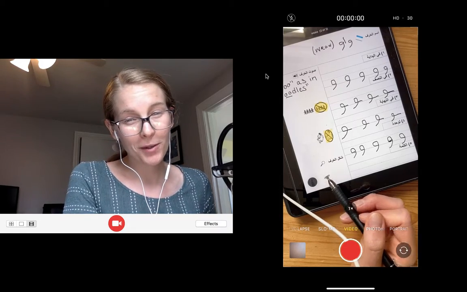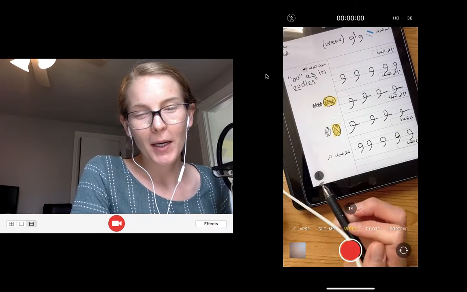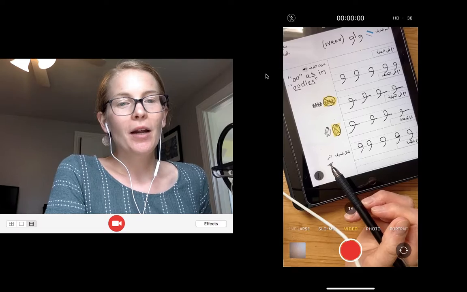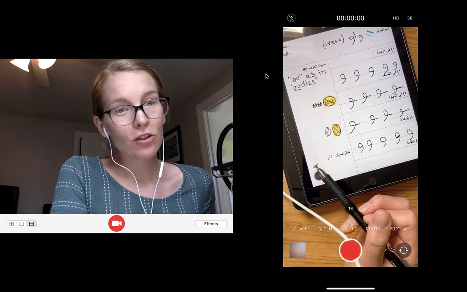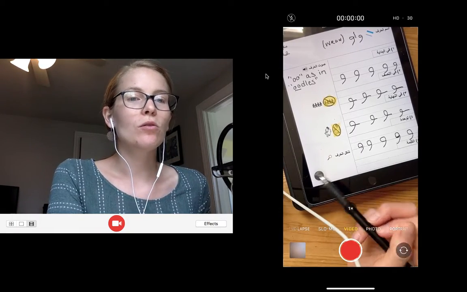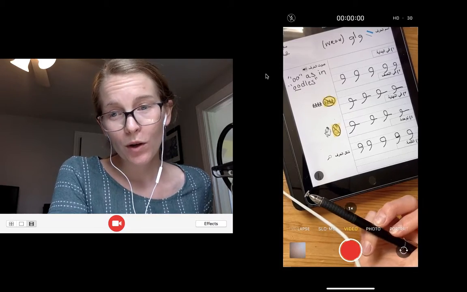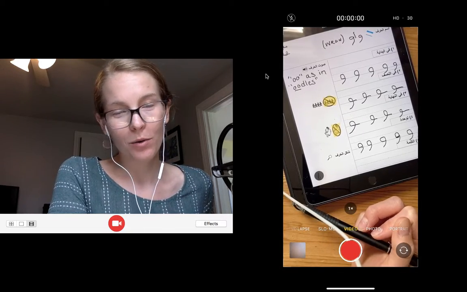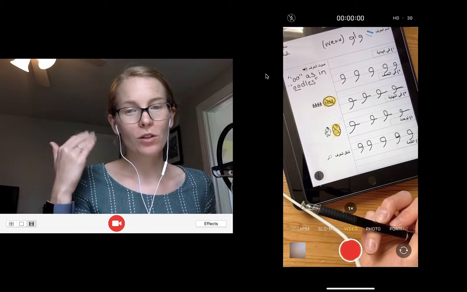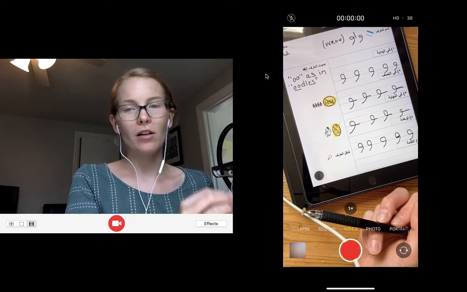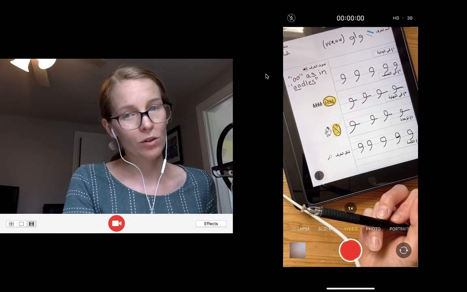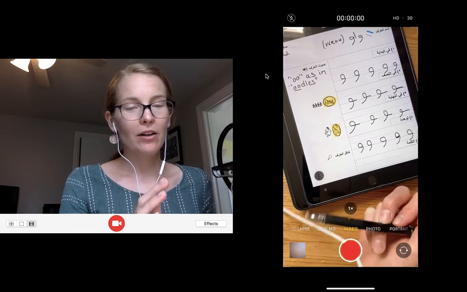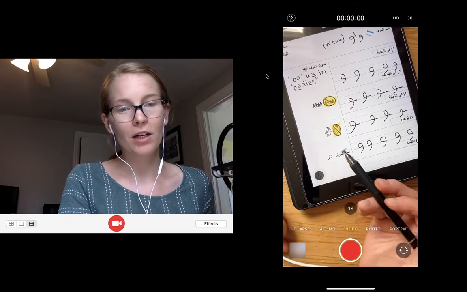Okay, the shape of the letter. This is another one where we have to get creative here. And please don't associate it with an English letter. So sometimes for this one, students will say, oh, it looks like an O, right? But it's not an O, and we don't want to start associating in our brains English letters and Arabic letters because it's going to get confusing. There are a lot of letters that don't line up perfectly between English and Arabic.